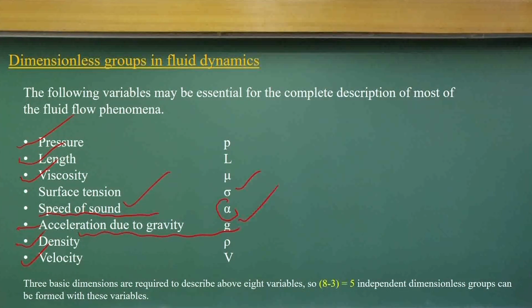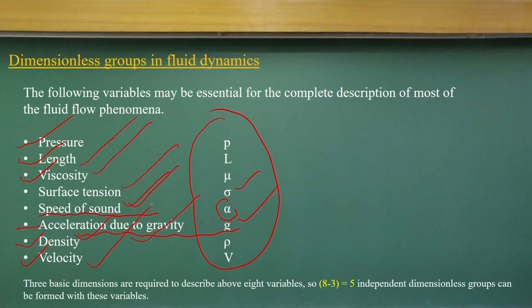So, in total, any fluid flow problem can have all of these dimensions or some of them. That means pressure, length, viscosity, surface tension, speed of sound, acceleration due to gravity, density and velocity. These are the prime variables.